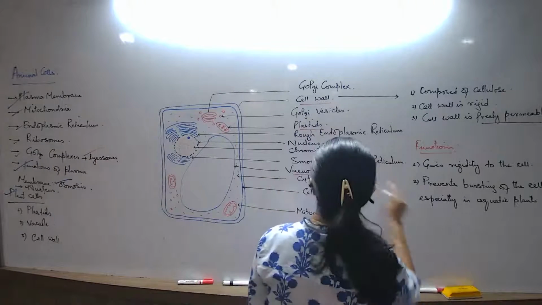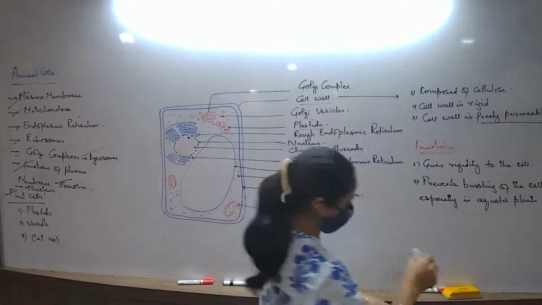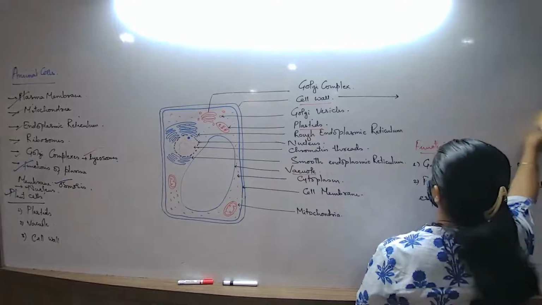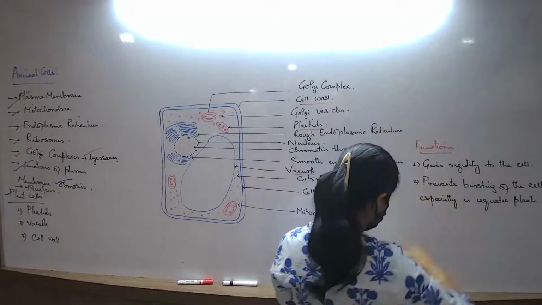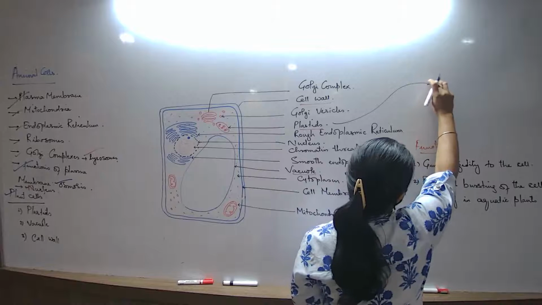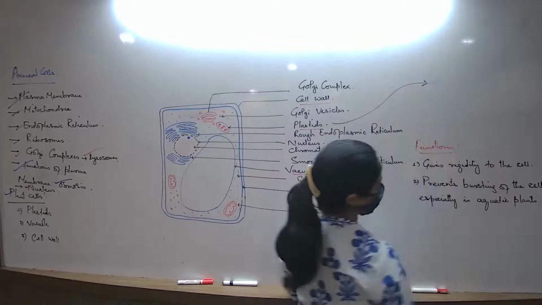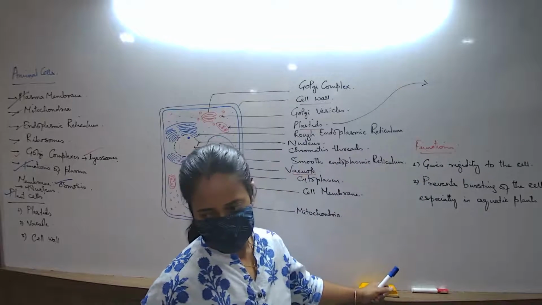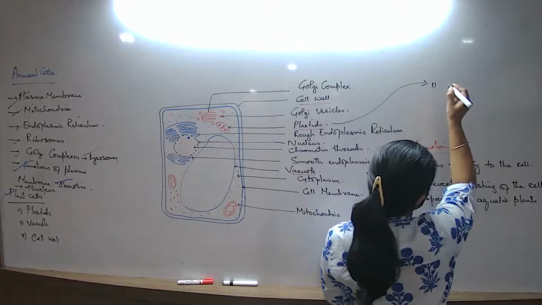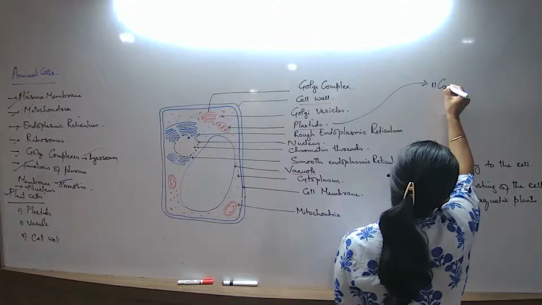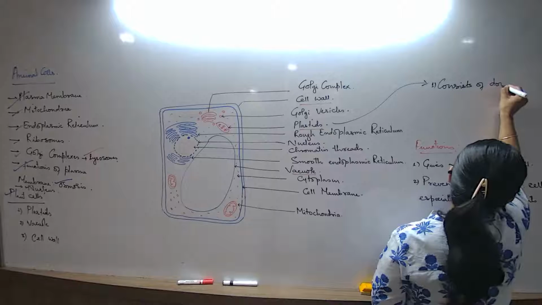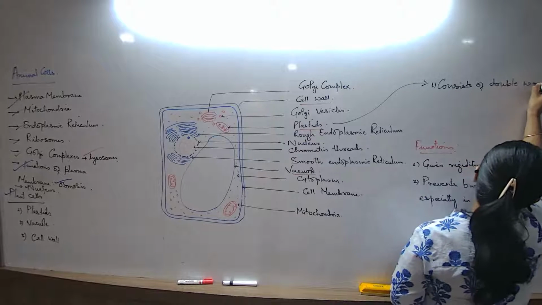Now we try to study the plastids, a very important cell organelle for the plant. Now we talk about the plastids, the second cell organelle. The first structural concept about plastids: consists of double wall.